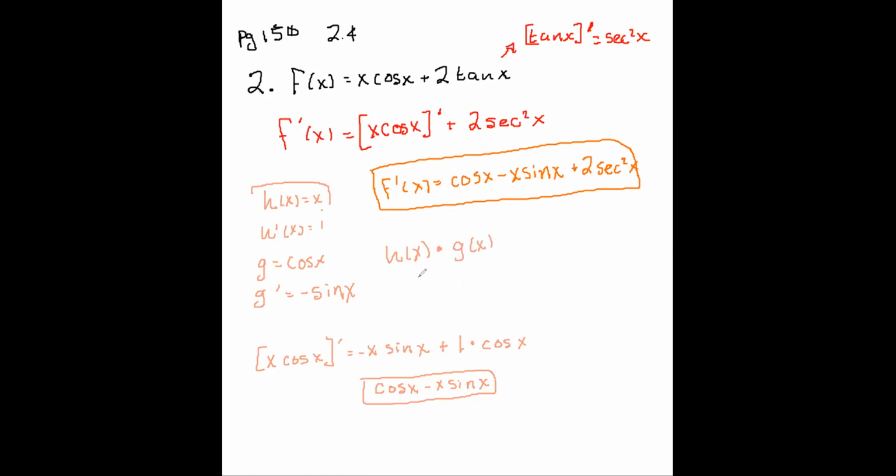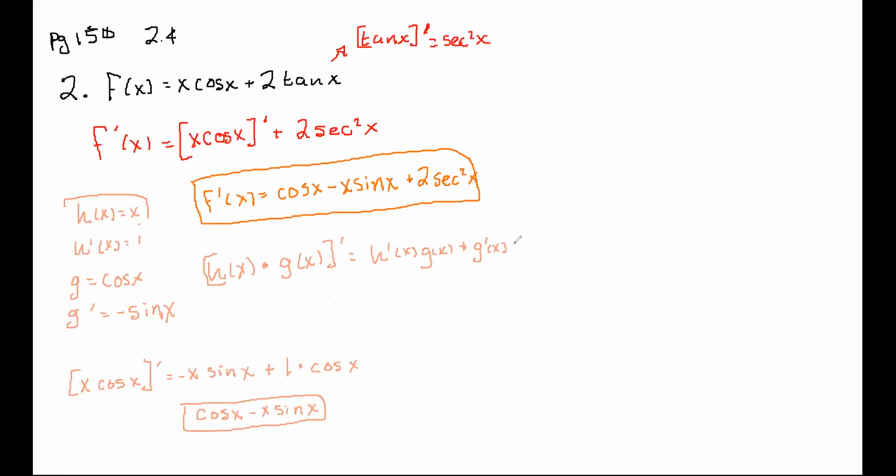And so the derivative of this is going to be equal to h prime g plus g prime h, right? That's how the product rule works.